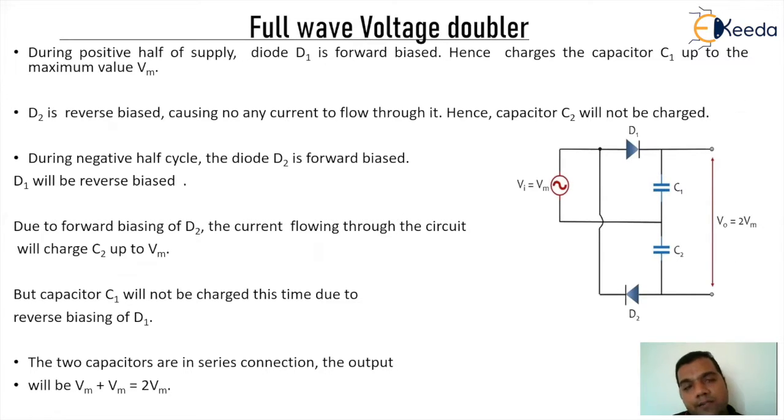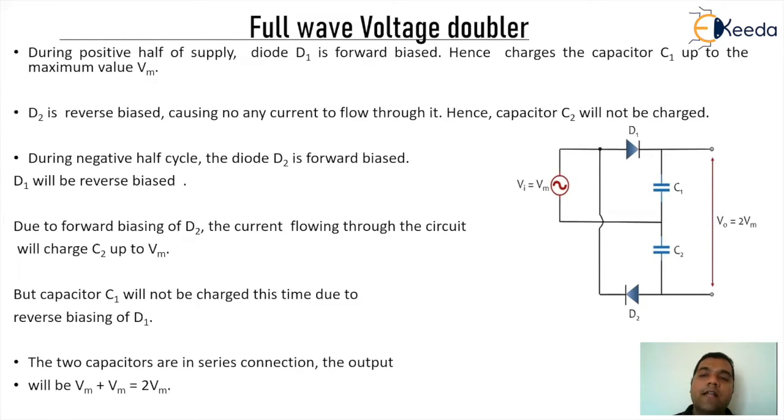Now we're trying to understand the concept of full wave voltage doubler. If you see, there's a slight modification in the circuitry. The arrangement is still having two diodes D1 and D2 and the two capacitors C1 and C2.